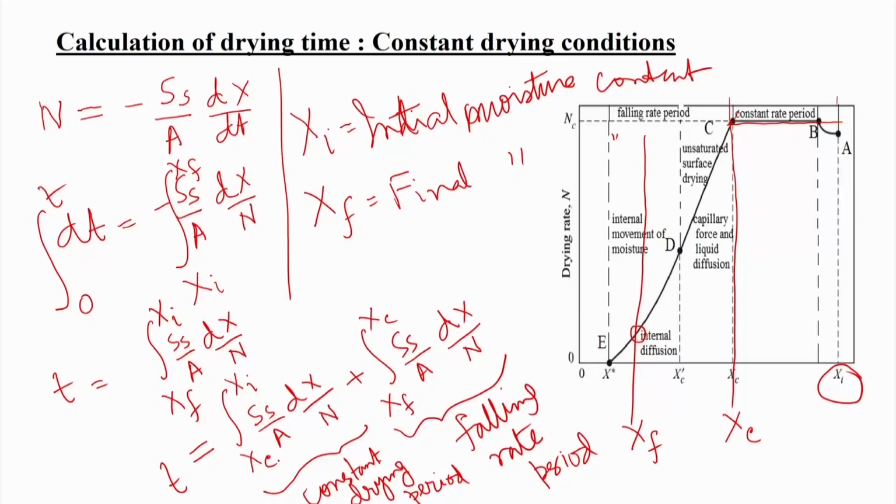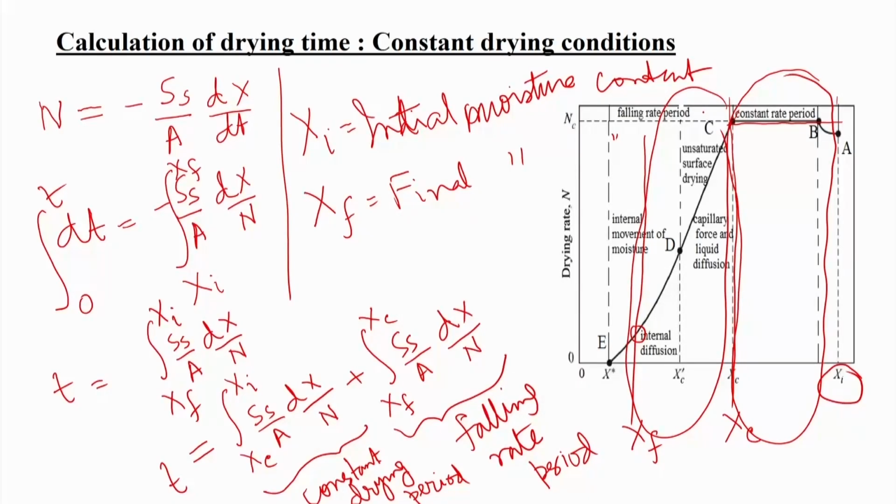If we integrate from x_c to x_i S_s by A dx by N plus S_s by A dx by N integrating from x_f to x_c, we have this divided into two different parts. Firstly it will be drying for this zone, and secondly for this zone. Inside the falling rate period, we may have two different drying zones, a first falling period and then a second falling period, where we can do that manipulation also.